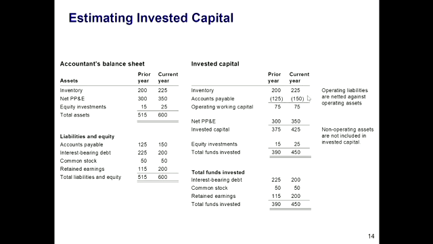So we net this working capital and have a net operating working capital of 75. And then we look at the fixed assets, that's net PPE. It's simple. There's no intangible assets. So the invested capital for the operation is 425. That's how you read the company's annual report and get the data you need to calculate your invested capital for your operation.